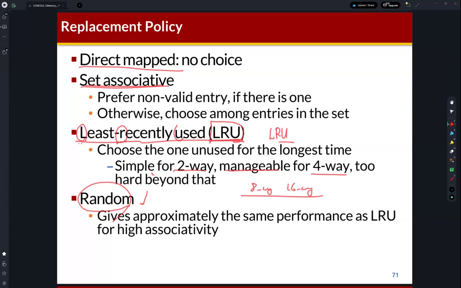So for a set associative or fully associative cache, we need to consider the replacement policy. This replacement policy also influences the performance of a cache, which means the hit rate of the cache can also be influenced by the replacement policy.